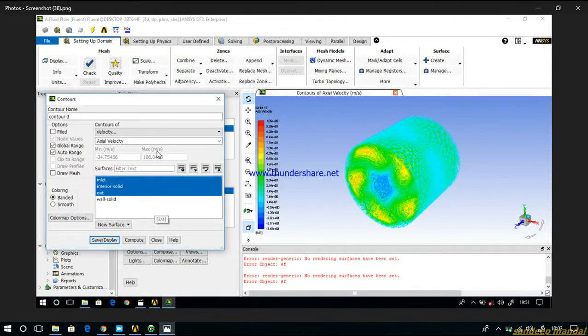Now the axial velocity. We can see that the overall fluid domain is filled with air and the axial velocity is maximum up to 106.0485 meters per second. What does this mean? We have given an air velocity of 33 meters per second.